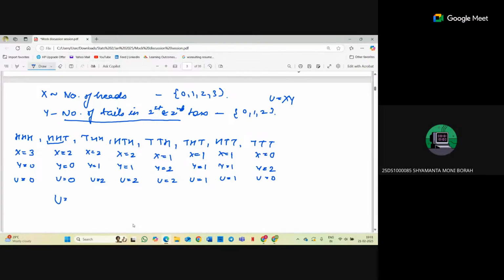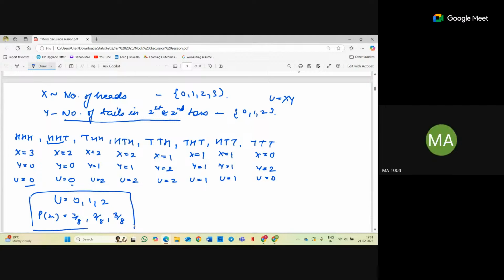U is taking 0, 1, 2. Now what is the PMF? For 0, it is occurring 3 times, so 3 by 8. For 1, it is occurring 2 times, so 2 by 8. And 2 is occurring 3 times, again 3 by 8. Got it? Yes, ma'am.